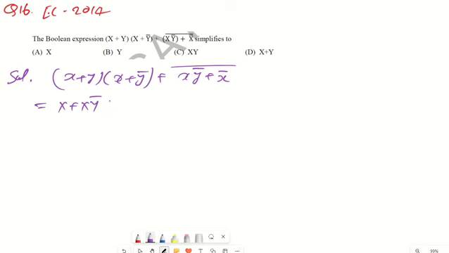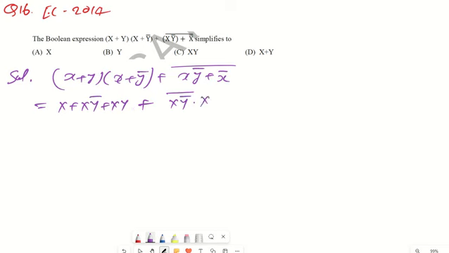So x into x is x, x into y' is xy', y into x is again xy, plus y into y', that is 0. Done. Then next one is (xy')' into x', that is x only.